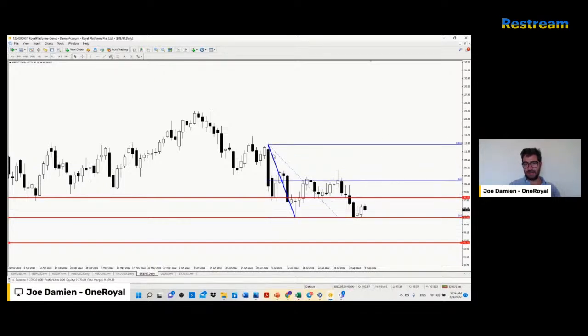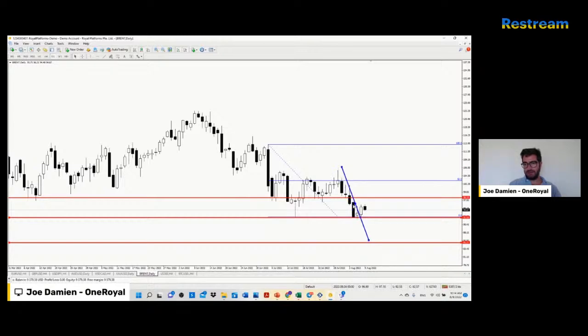I will call this AB, and usually after the correction, the CD, the new impulsive wave, should be equal to it. Starting here is the new impulsive wave that was already moving to the downside.